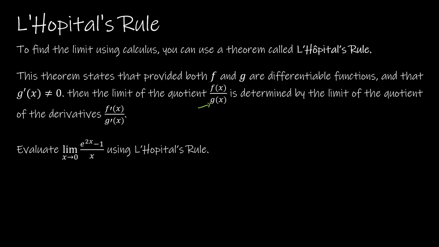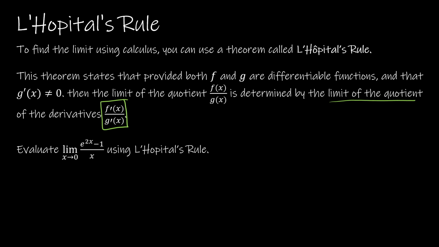The way that we can find the limit of the quotient is to find the limit of the quotient of the derivatives. So essentially we're saying take the derivative of the numerator and the derivative of the denominator, and that limit is going to be equivalent to the limit of the original function.